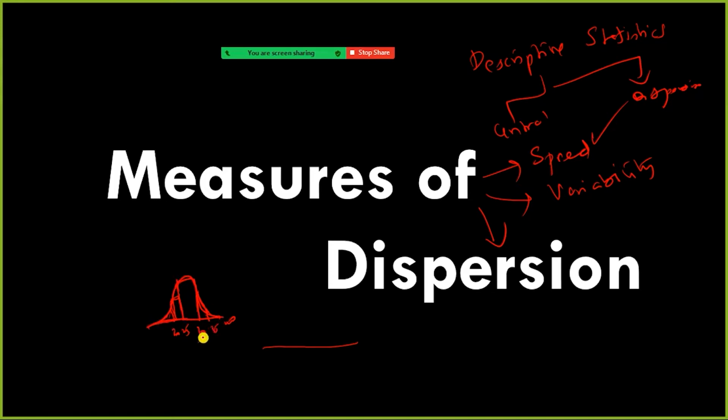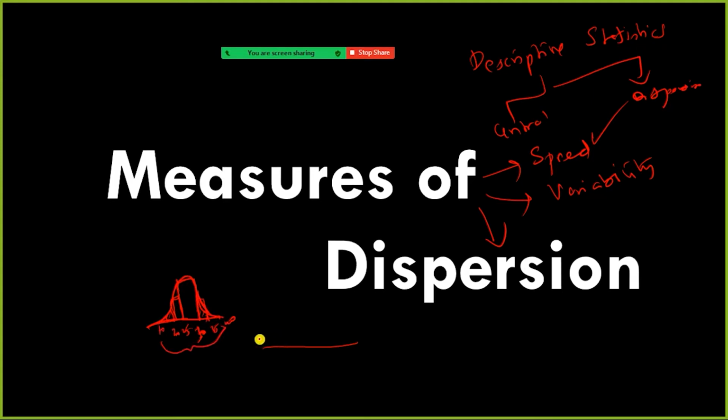The age of the customers in this bin is 25 to 30, and 30 to 35 in this rectangle. This many customers are falling here. So when you join the edges of all these rectangles, this is called your spread. How spread out is my data.